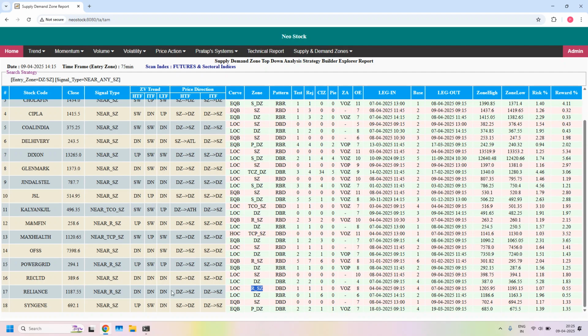Reliance is having a 75 minutes high liquidity supply zone. So total we identified 4 75 minutes high liquidity supply zones from this list. So with this we have completed identification of daily and 75 minutes high liquidity zones.